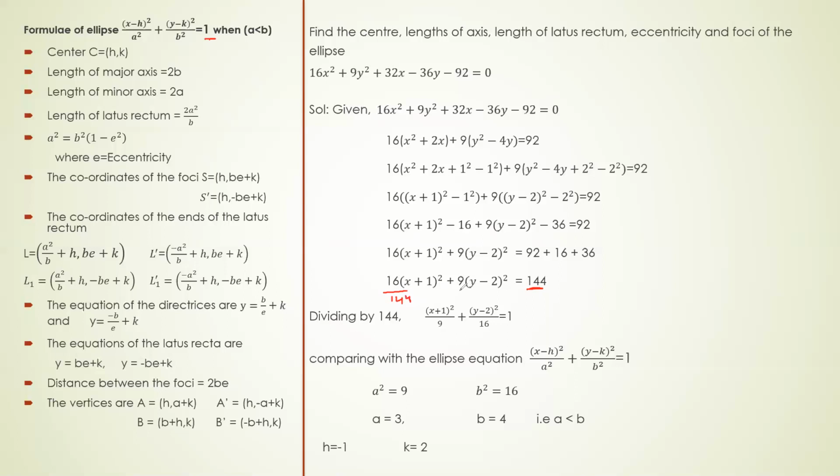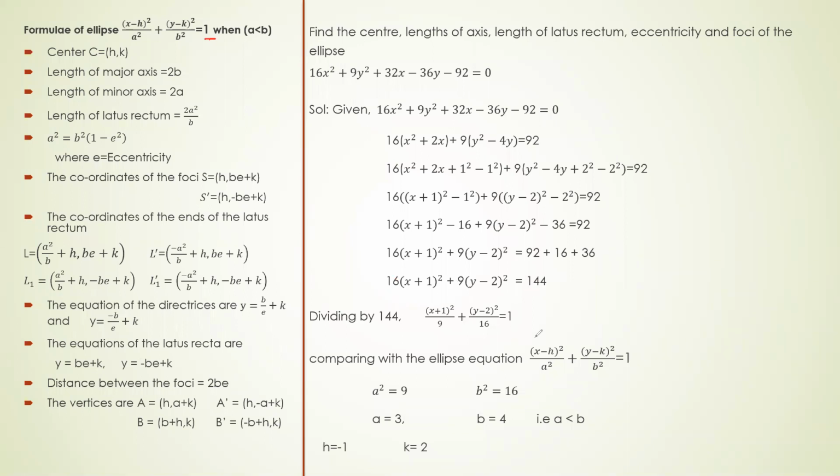Similarly, 9 16s are 144. So what will be left is 9 in the denominator here, and 16 in the denominator here. So (x plus 1) whole square divided by 9 plus (y minus 2) whole square divided by 16 is equal to 1.